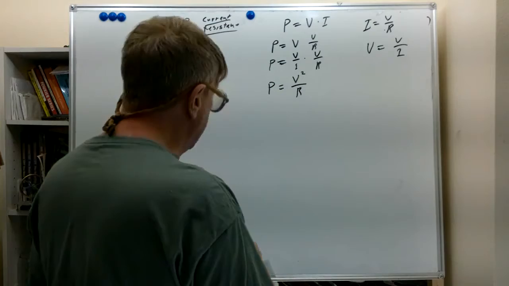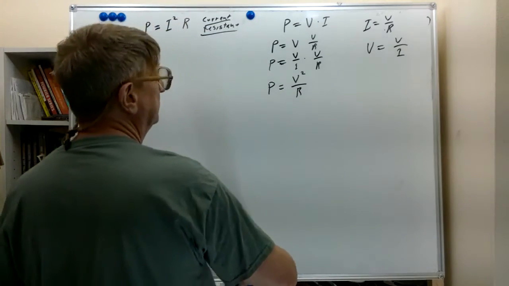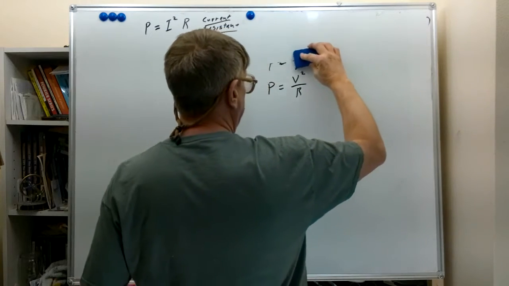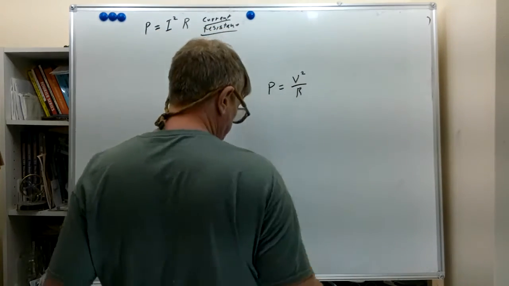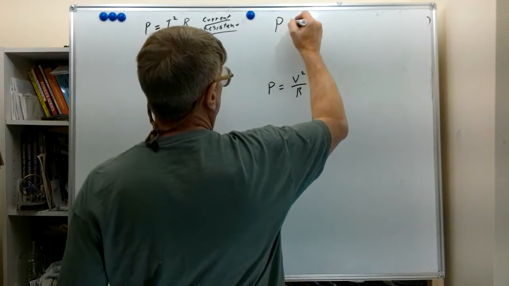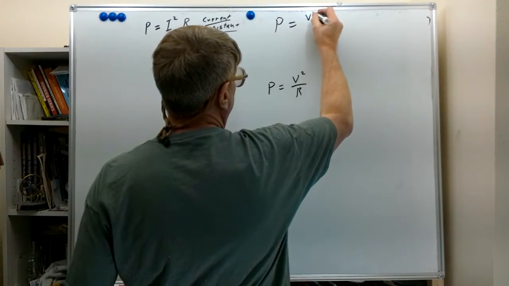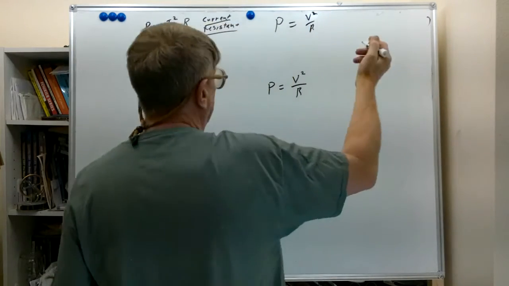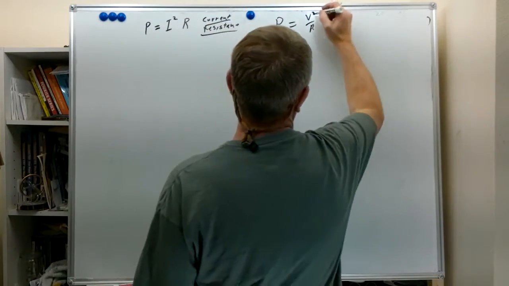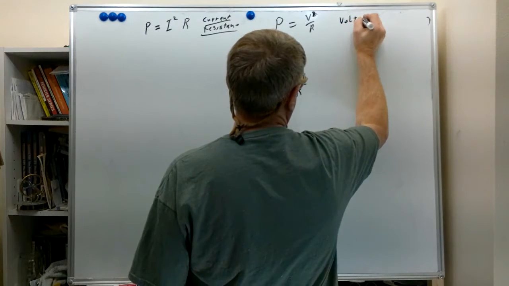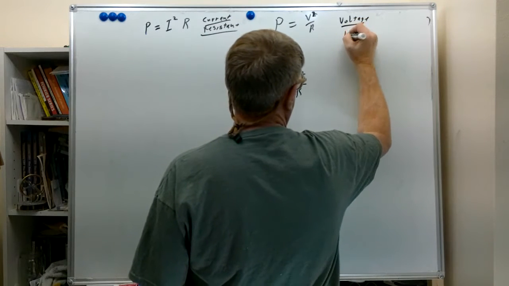So now we have another power formula that's based on the resistance. Power equals V squared over R. So in this case, we express our power in terms of voltage and resistance.